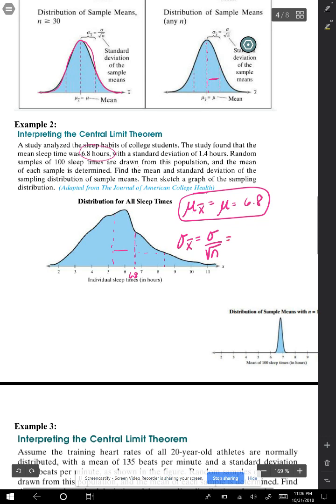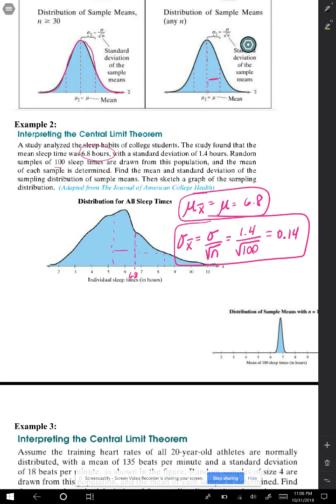The standard deviation of the population was 1.4 divided by the square root of 100, our sample size. So 1.4 divided by the square root of 100 comes out to 0.14. And that would be the standard deviation of the sample means.